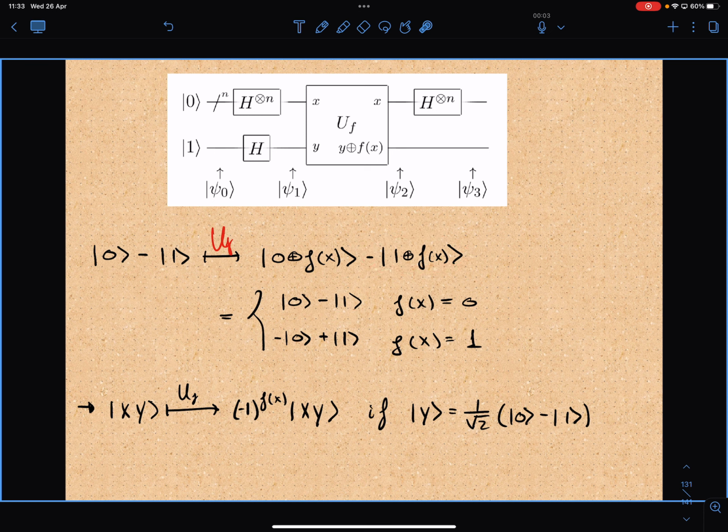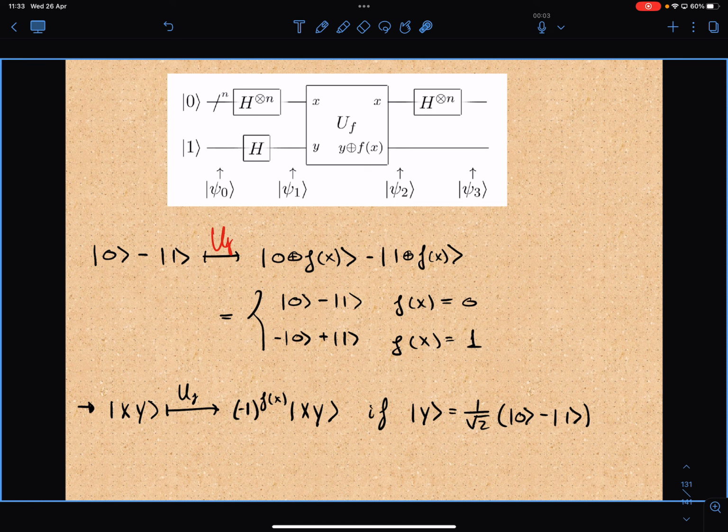So it's going to flip the order of the zeros and ones, and in particular, what it's doing is just changing the sign of this state. The sign stays the same here, and here you're multiplying by minus 1. So if f of x is equal to 1, you multiply by minus 1.